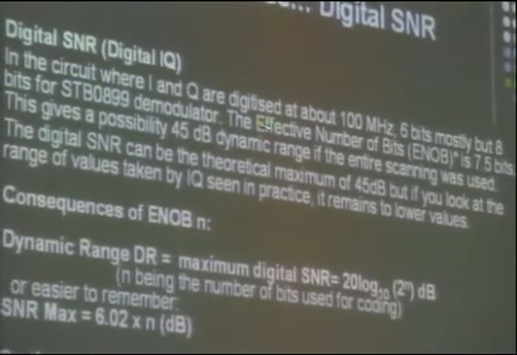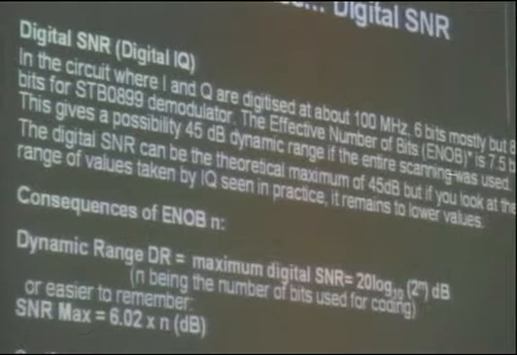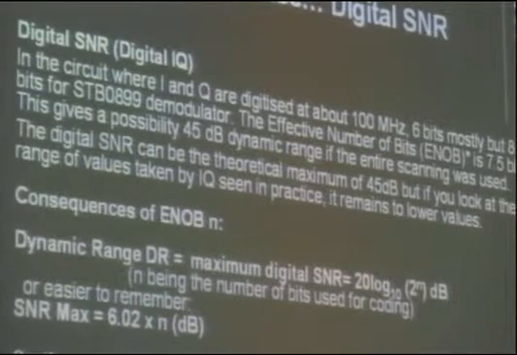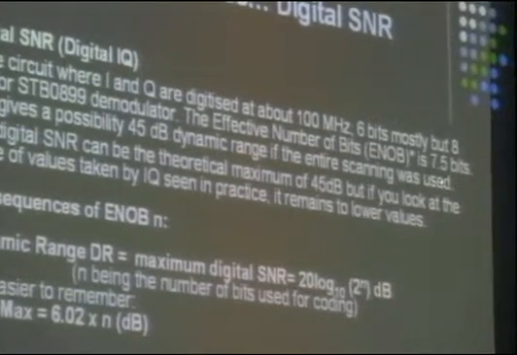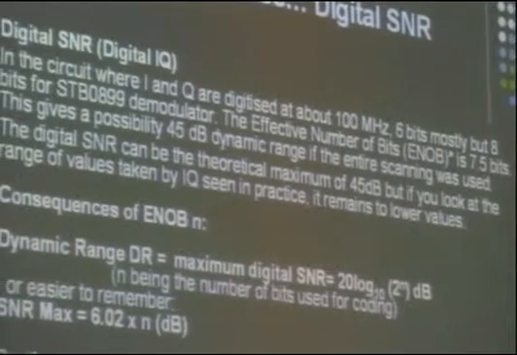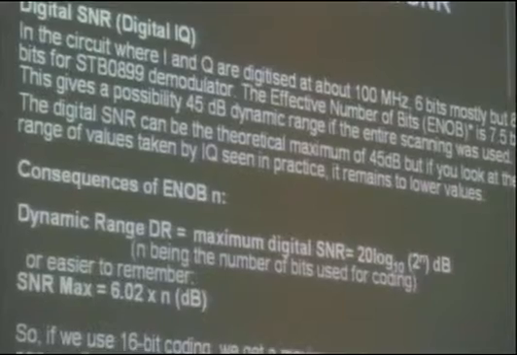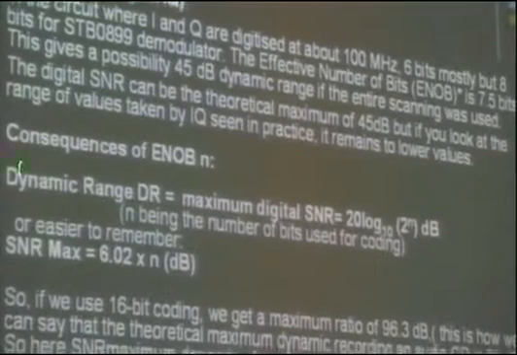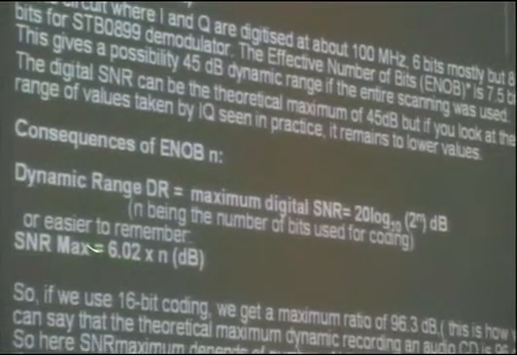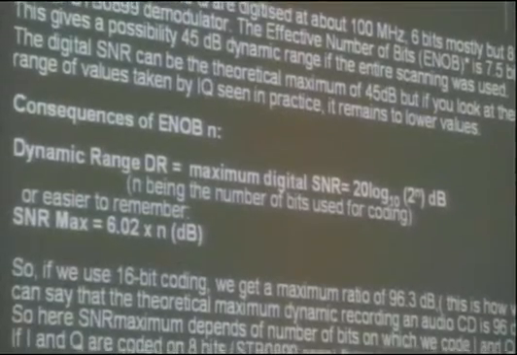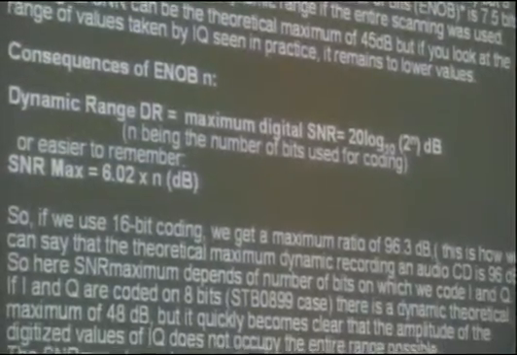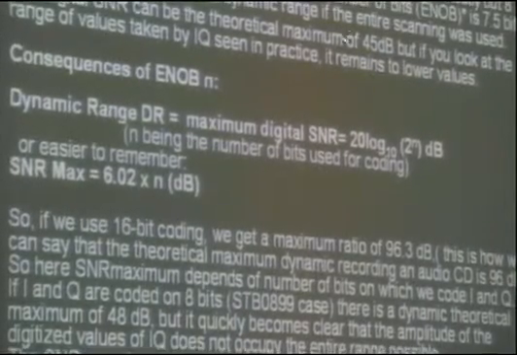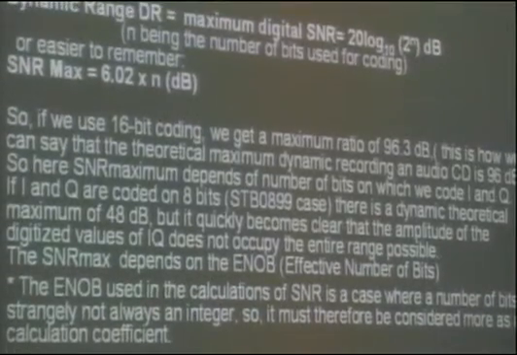So when we digitize with 8 bits, the effective number of bits, the ENOB, is 7.5 bits. We can have a long discussion about that, and I think we don't have time. But this can give us the maximum SNR we can have. And the maximum SNR, theoretically, is 45 dB with this card only.